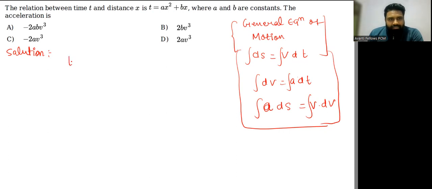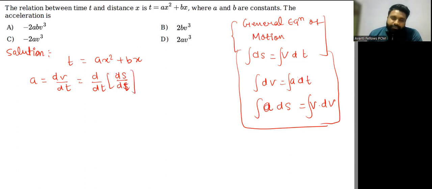Now t is equal to ax square plus bx. This is given to us. We know that acceleration is nothing but dv by dt, and velocity is ds by dt.